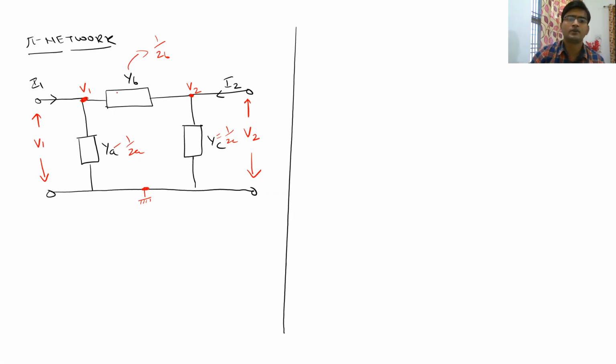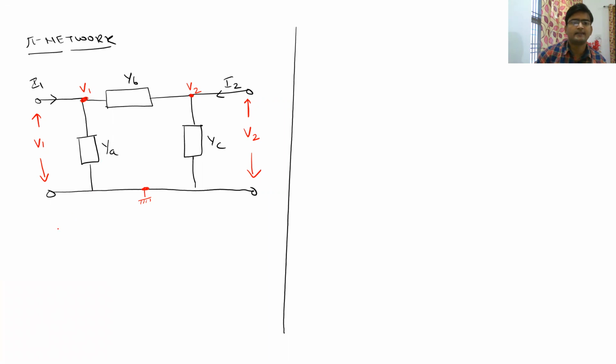So it would be easier for us to calculate the Y parameter for this pi network, similar to the Z parameter that we used for T network. In pi network, we will be using Y parameter. So if you want to write the Y parameter, you basically will have to find the KCL equation for input and output, right?